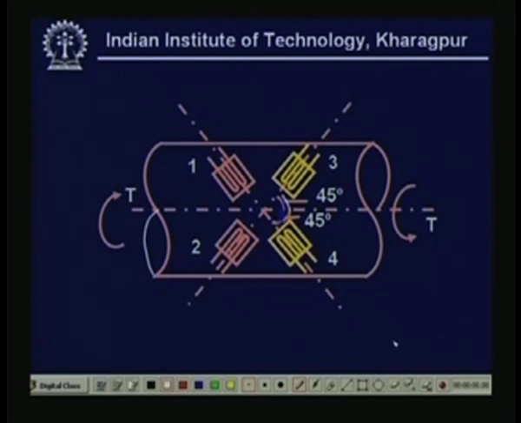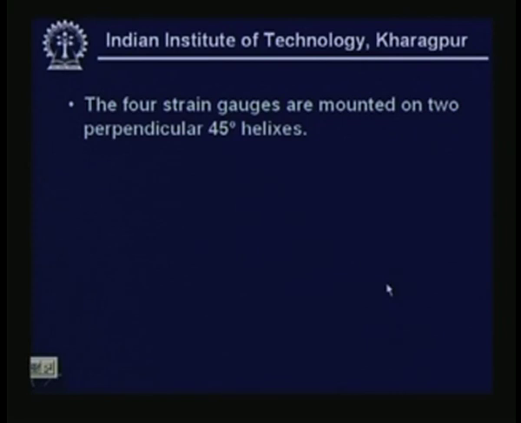Now, the installation of the gauge is very important, because if it is not on the helix, we cannot write the equations of the output voltage for the torque cell. Now, 4 strain gauges are mounted on 2 perpendicular 45-degree helixes, as I told you.